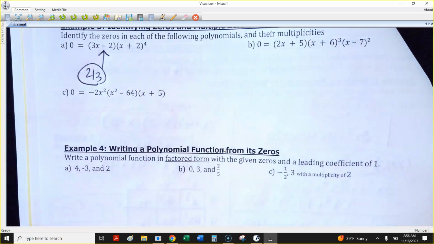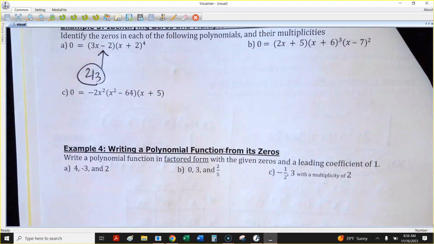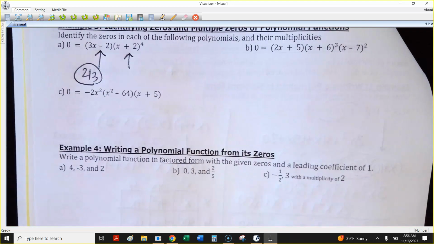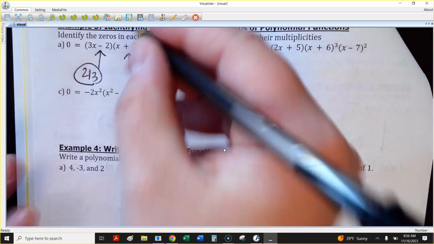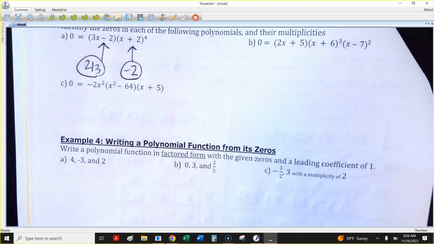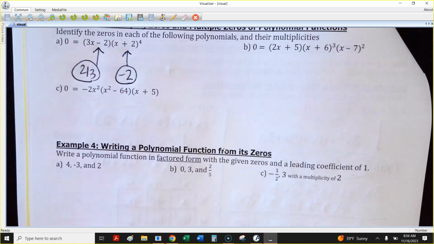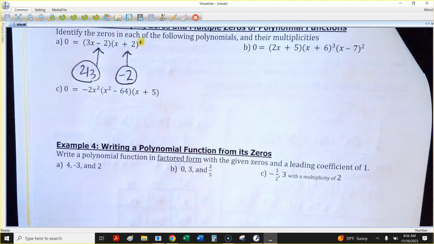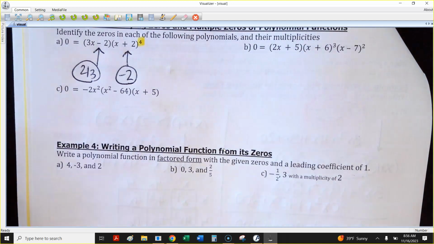Okay. What would I plug in? Don't worry about the exponent for the second. What would I plug in to x plus 2 to make that 0? -2. It's a little bit easier when you don't have a number with the x. Okay, now the deal is, if you have an exponent on that little factor, like I have a 4th power there, that means that 0 counts that many times.